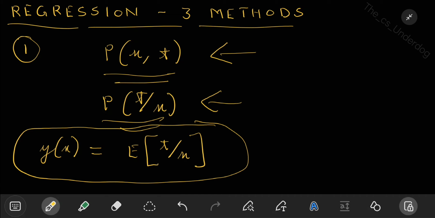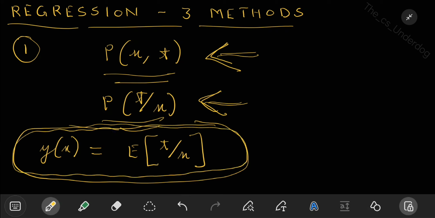So the first approach follows three steps, in which first you find the joint density P of x,t, which is the joint distribution, and then P of t given x, which is the conditional density, and from this distribution you have to find the expectation of t given x, which is your y of x.